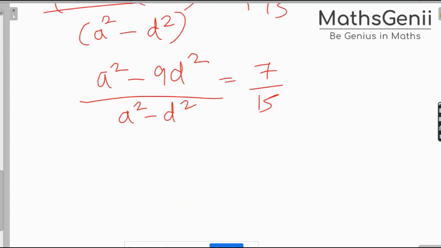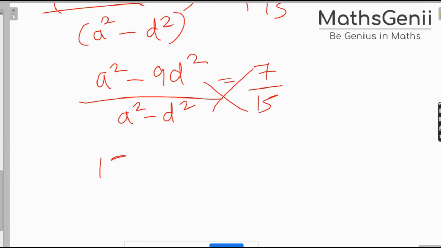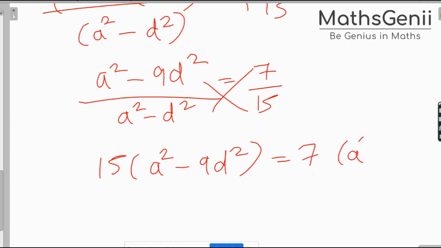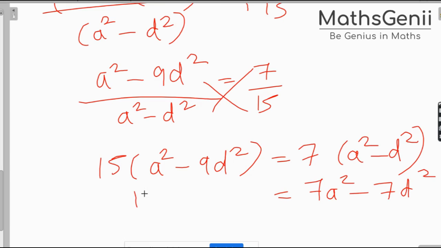Now I'm going to do cross multiplication. 15 multiplied by this and 7 multiplied by this. So 7a square minus 7d square is equal to 15a square minus 15 nines are 135, 135d square.